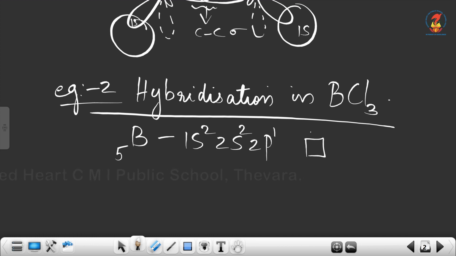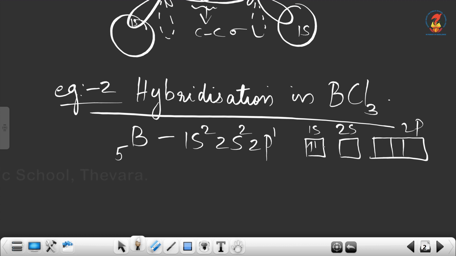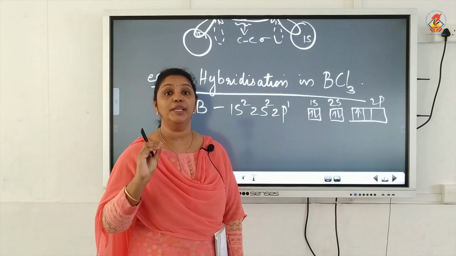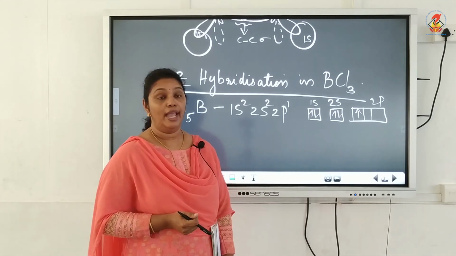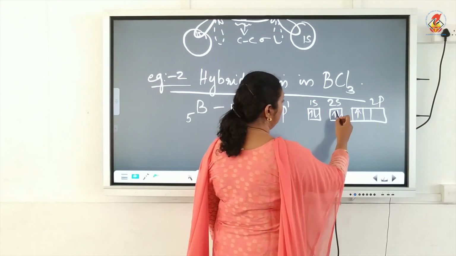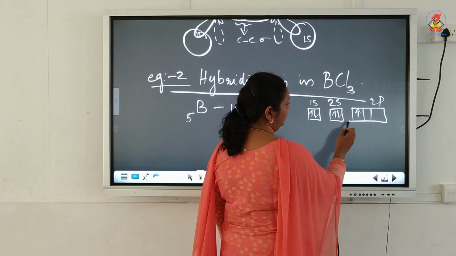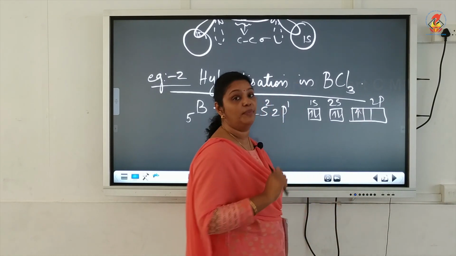When we draw the orbital diagram, 1s, 2s and 2p: 1s2, 2s2, 2p1. Now here the boron atom in BCl3 undergoes sp2 hybridization, and you can see from here that the 2s orbital is completely filled, whereas we have only one half-filled p orbital.